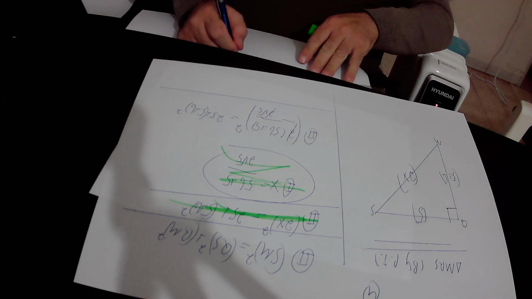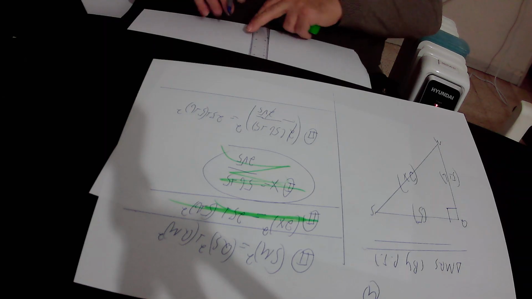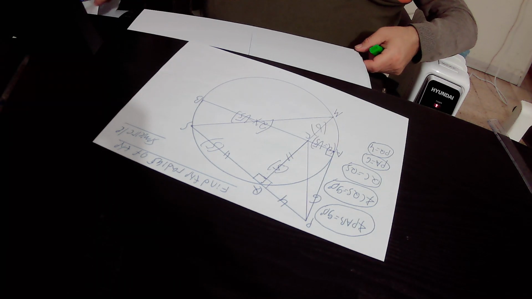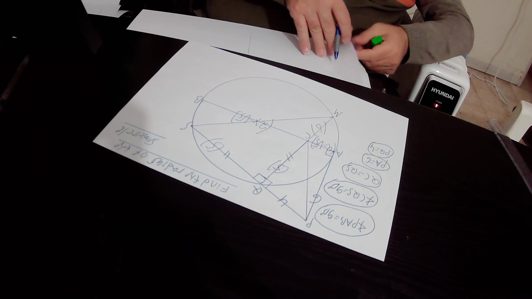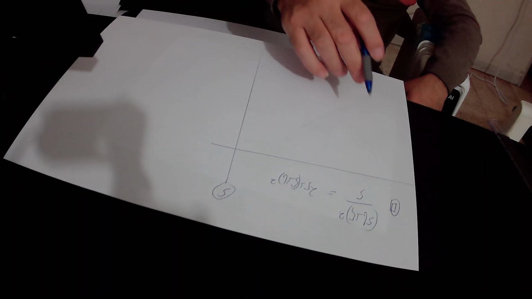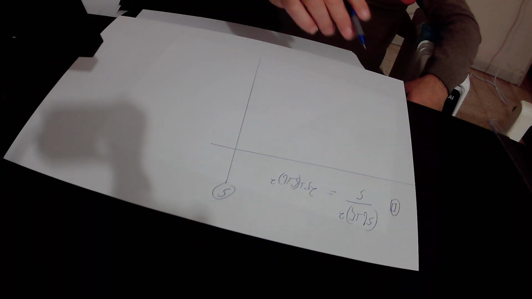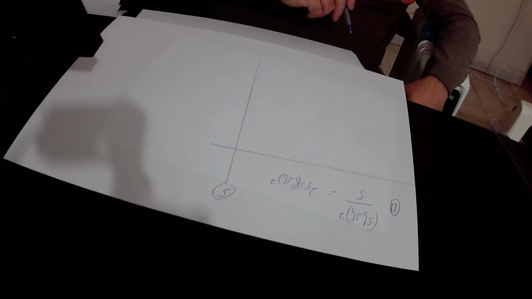To repeat, according to equation number 2, we found out that 5b plus 5 squared over 5 equals 25 plus 5 plus b squared.